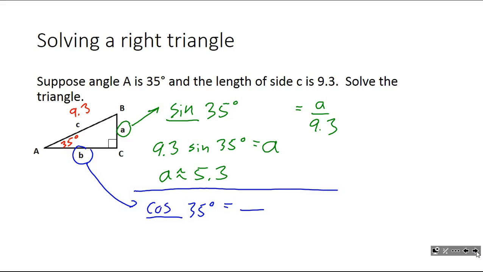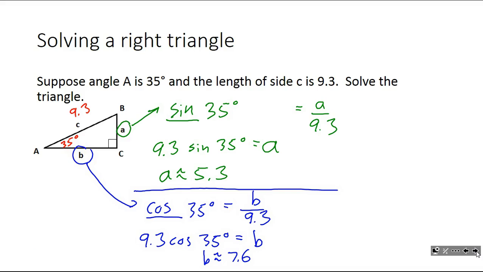So cosine of 35 equals the adjacent, which is B, over the hypotenuse, which is 9.3. And just like the last problem, we can multiply both sides by 9.3 in order to clear that fraction. Feeding that into a calculator in degree setting, rounding to 1 decimal place, would give us a 7.6 for that side. And now we know all three sides.